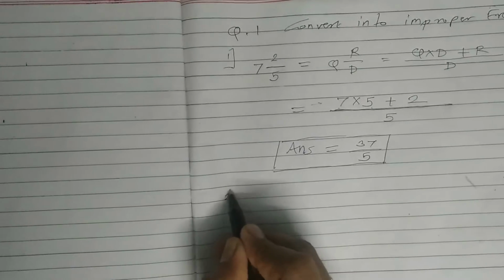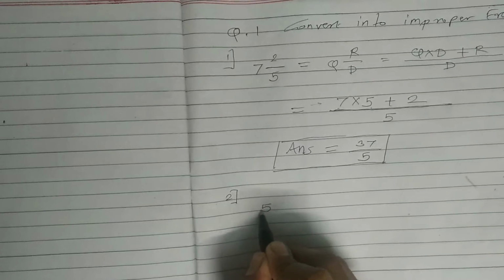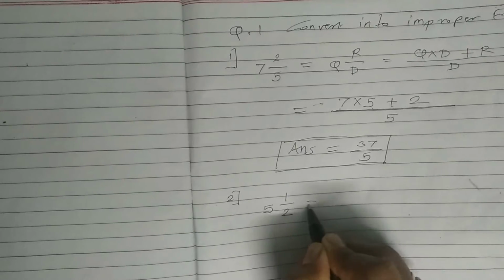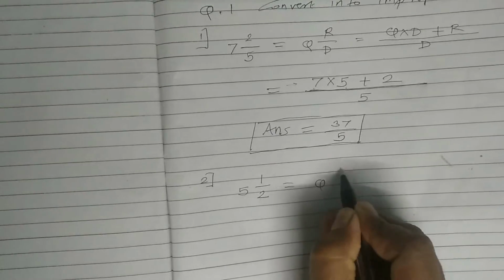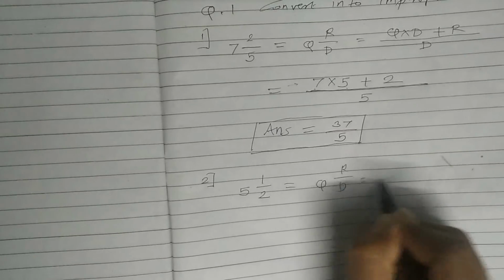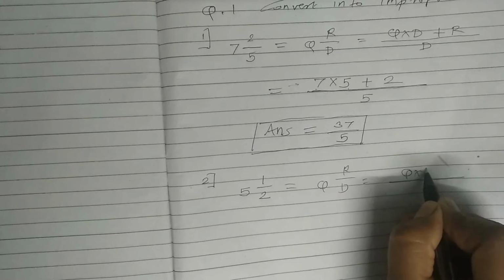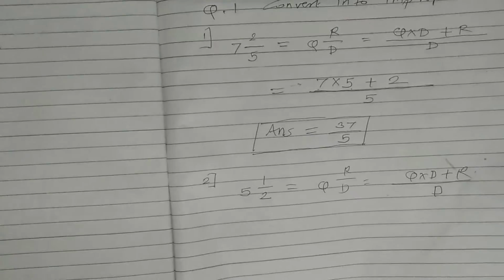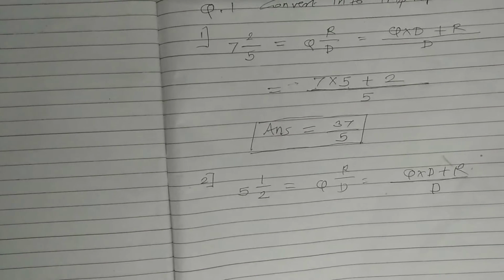Now the second one is there, 5 and 1/2. This is the way of reading. Same way, students, write Q R/D is equal to D as it is, Q multiplied by D plus R. You please follow, write the same way in your notebook, and also in the exam.